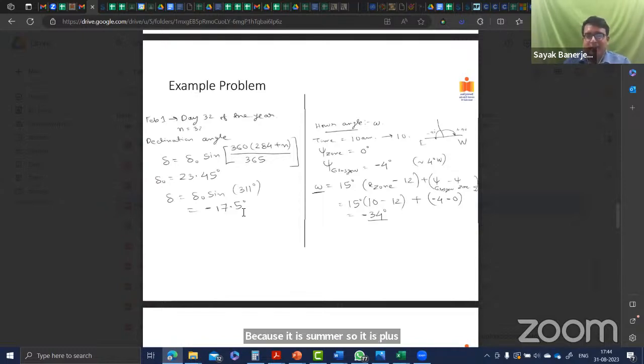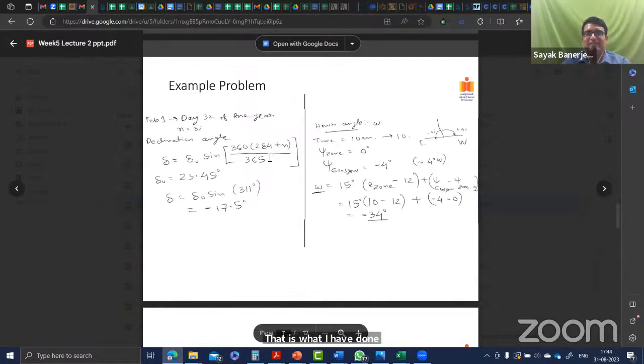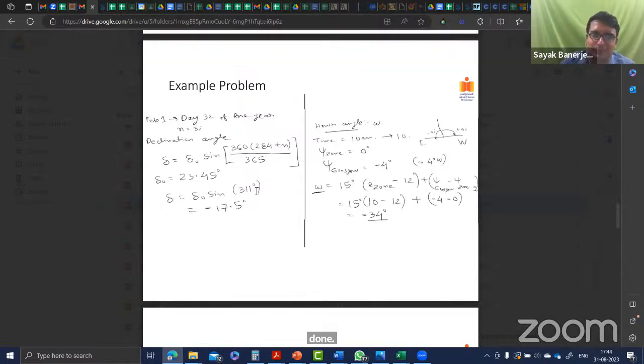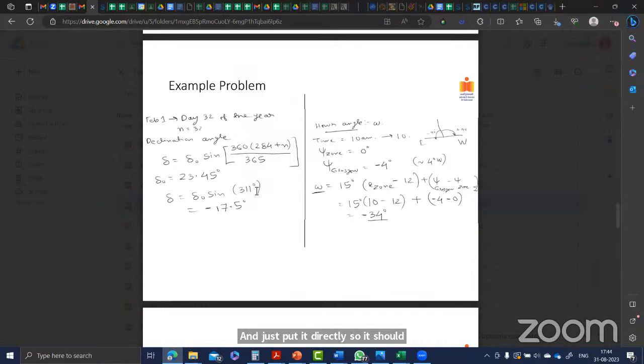Okay, that is okay. But from next time forward, you just take this formula and put it directly. It should work. In that formula only I have put it directly, 23.45 and 360 multiplied by 284, and n also has given, and sine of 534 something is coming, and I took the sine value and multiplied by it, getting 2.281.